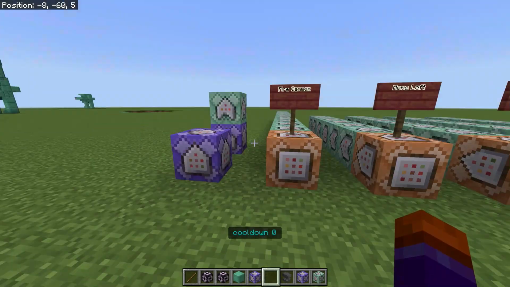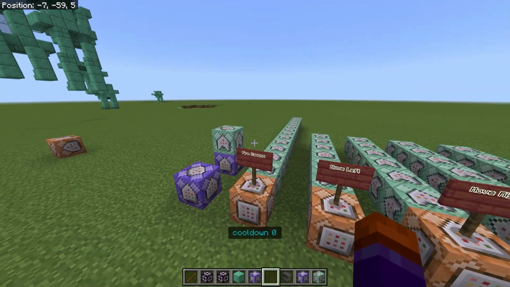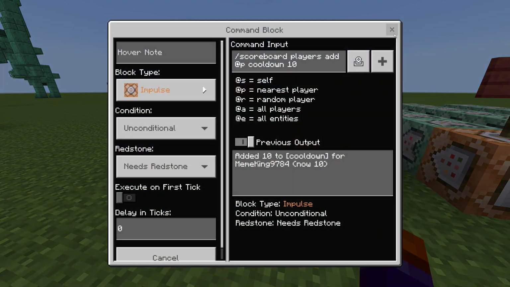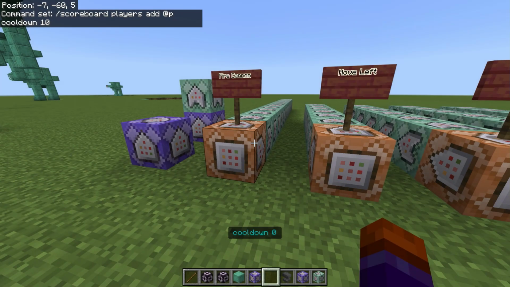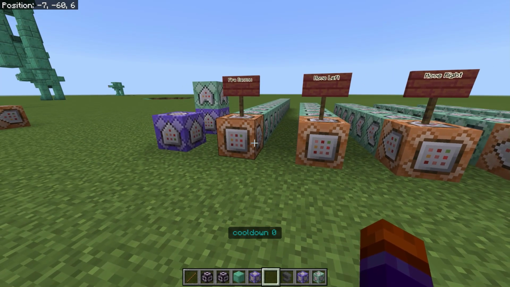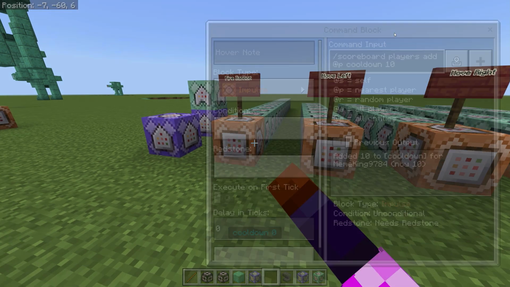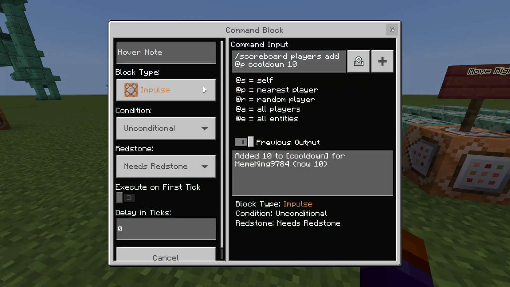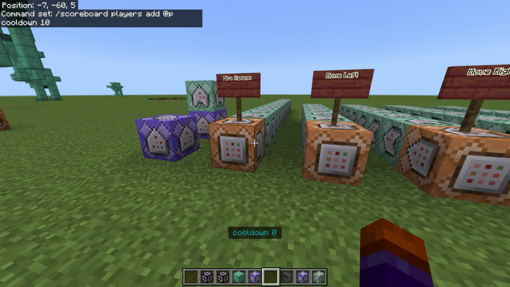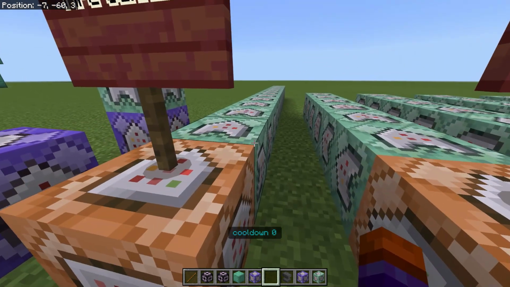So the fire cannon. I'll demonstrate afterwards. So this is basically the cooldown there. It basically adds, so the person activates it, it adds a cooldown of 10.